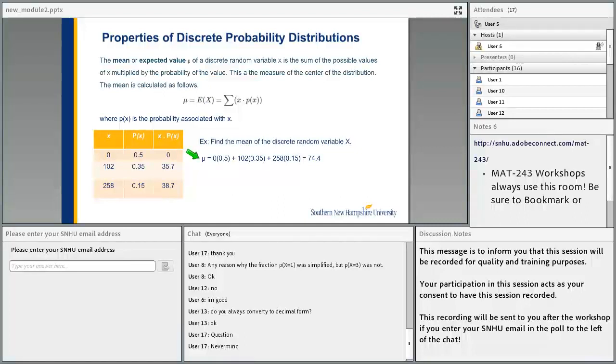So here I have mu equals 0 times 0.5, 102 times 0.35, and 258 times 0.15, which is the same as adding up all the values in my third column. To add them up, we get 74.4. So that's the mean.